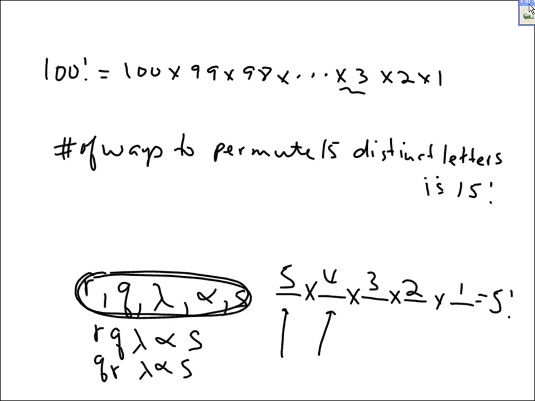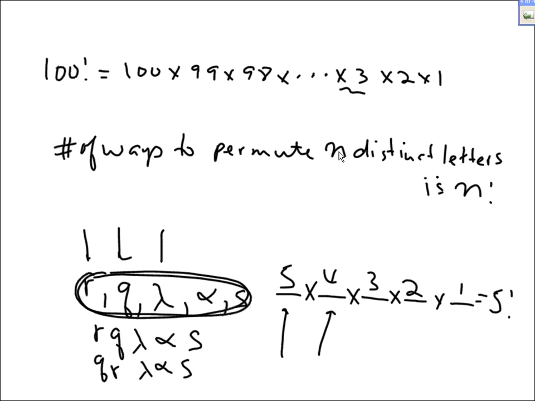In general, the number of ways of permuting n distinct letters will be n factorial. Maybe I should have brought it up a little bit earlier, but distinct means they're different.